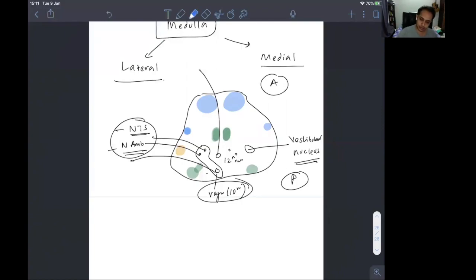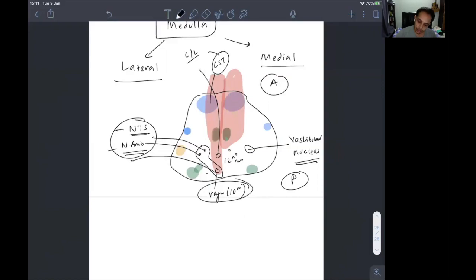What else is there? You have your vestibular nucleus. Now let's look at the lesions. Supposing there is a medial stroke. What are the sites of involvement? You have your corticospinal tract, so that will lead to contralateral hemiparesis, assuming that they haven't crossed over yet.